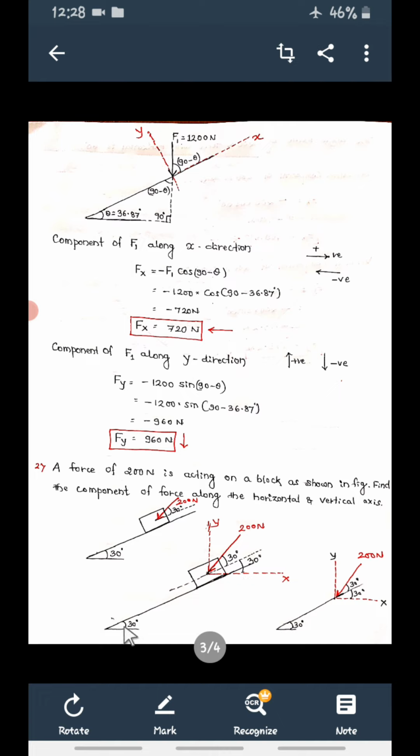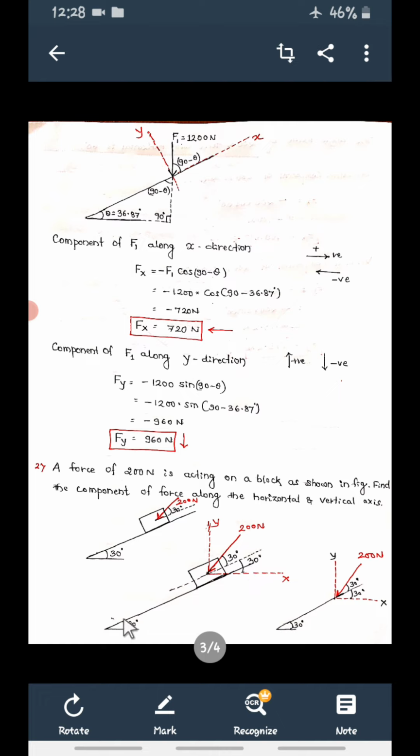Now see, this is the inclined plane, correct? This is 30 degrees given, this is 30 degrees given. So if I draw a horizontal line here, the same inclined plane, this is a horizontal line. If this angle is 30 degrees, this is also 30 degrees, correct?